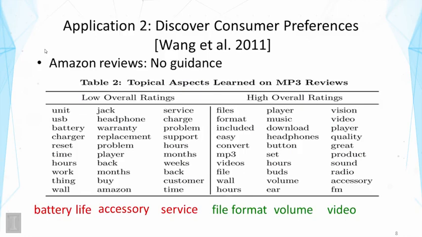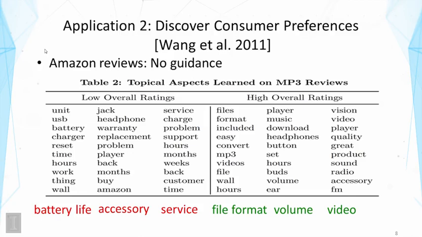Here are some other results about the aspects discovered from reviews with no ratings. These are MP3 reviews, and these results show that the model can discover some interesting aspects commented on in low overall ratings versus those in high overall ratings. They care more about different aspects, or they comment more on different aspects.